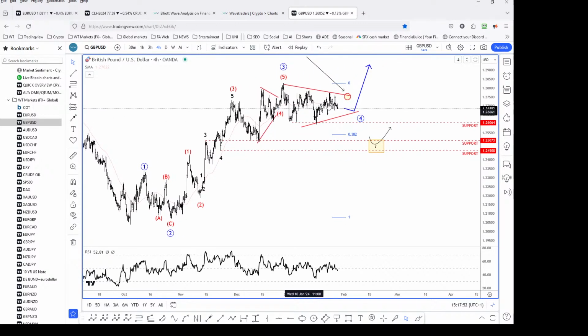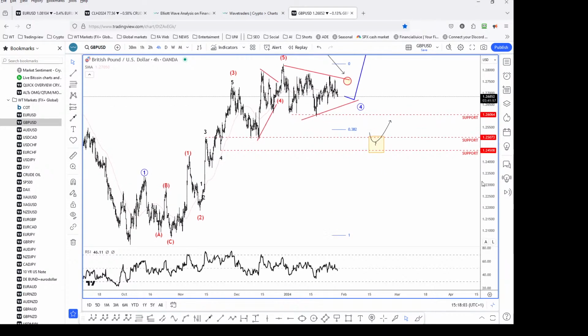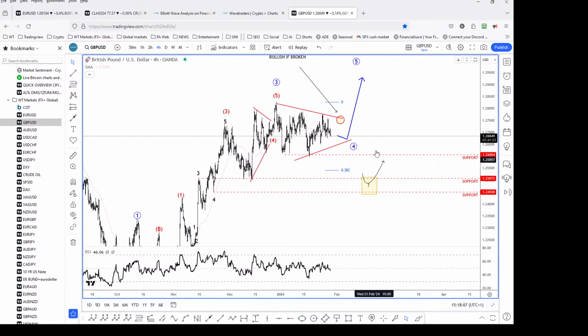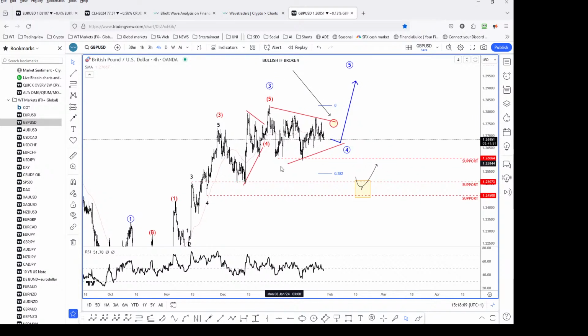So wave 4 may not be so deep, may not even trigger this 38.2%, which is normal whenever there is sideways price action for a triangle, because a triangle is not a deep correction, it's sideways, same as flats. So I think the triangle here is very possible, but of course we have to see the market trading and remaining above the 126 level, which was that low here going back to January 17th.